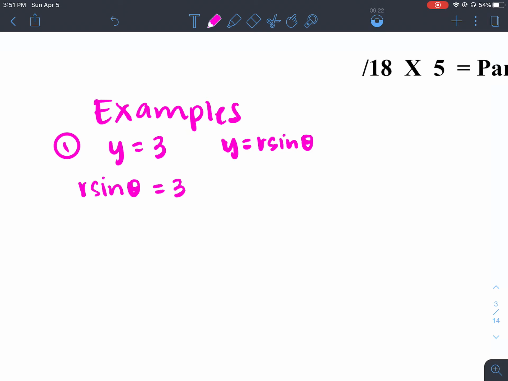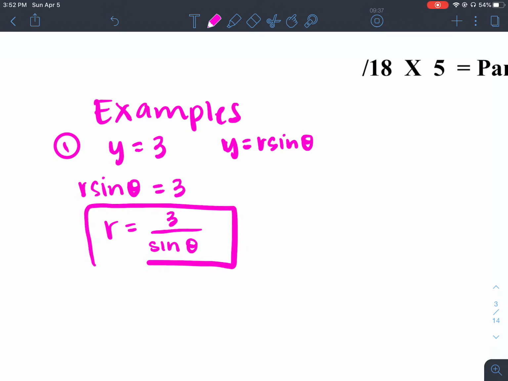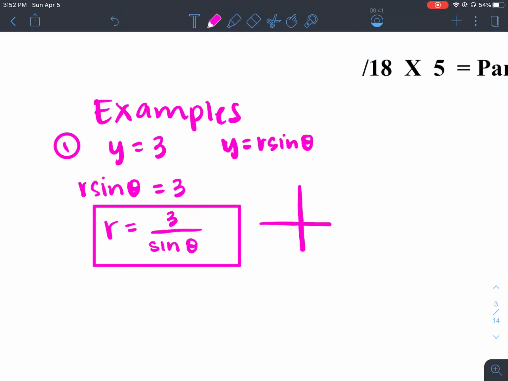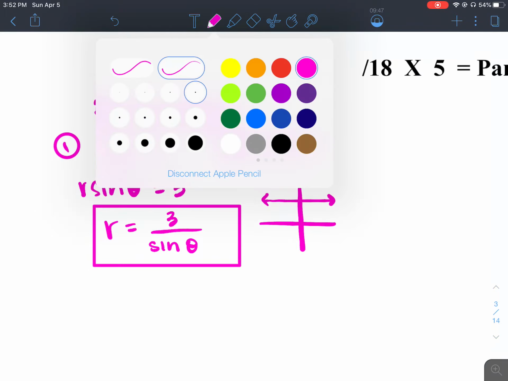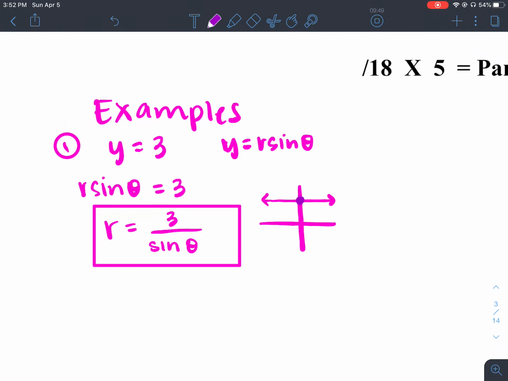And we want to simplify this. We want to solve for r. So to do that, we're going to divide both sides by sine of theta. So we get the equation r equals 3 divided by sine of theta. And this right here is that horizontal line passing through that point up at the top there.